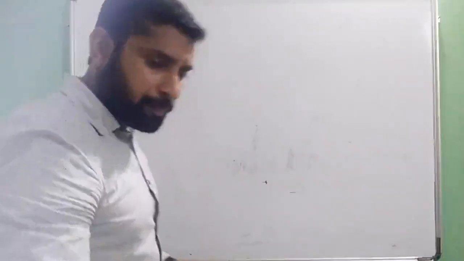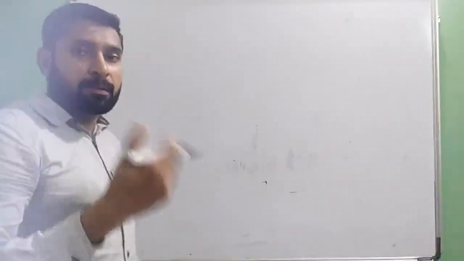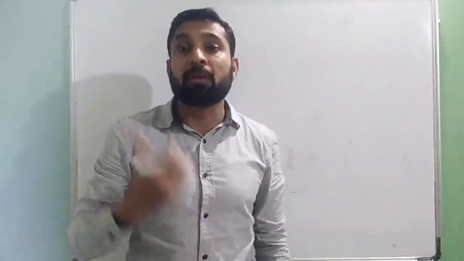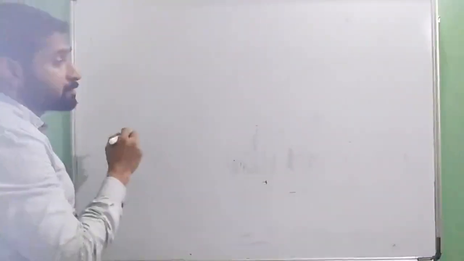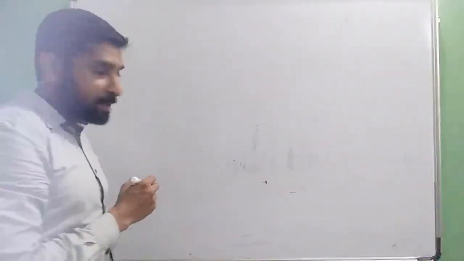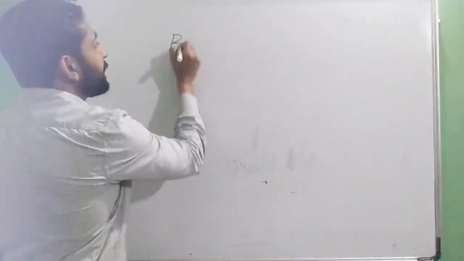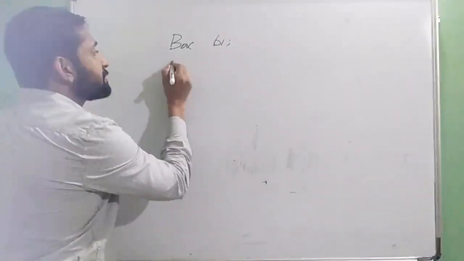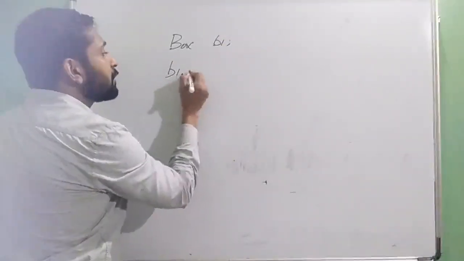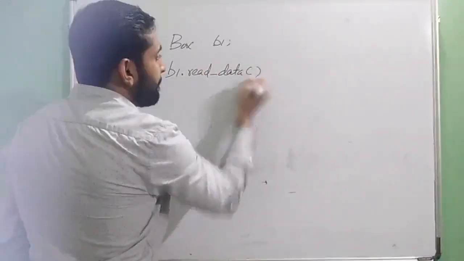Now, how can we call the functions? How can we execute or invoke the functions inside a class? We can execute functions inside a class using the object. Suppose we want to read data to the object. We have created box B1. We can write a statement like this: B1 dot read data.